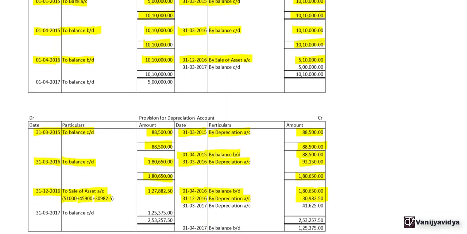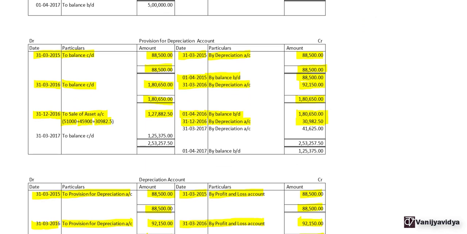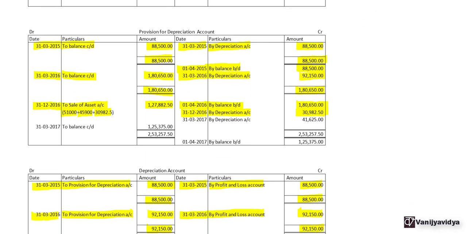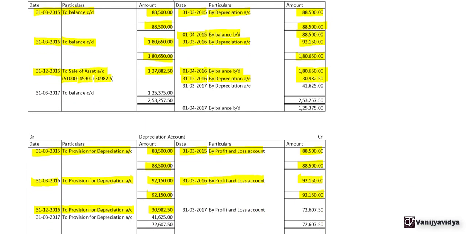So 41,625 on 31st March 2017. Credit side, provision for depreciation account by depreciation 41,625, and 31st March 2017 to provision for depreciation account 41,625. Now since there are no more transactions, we will close the books.